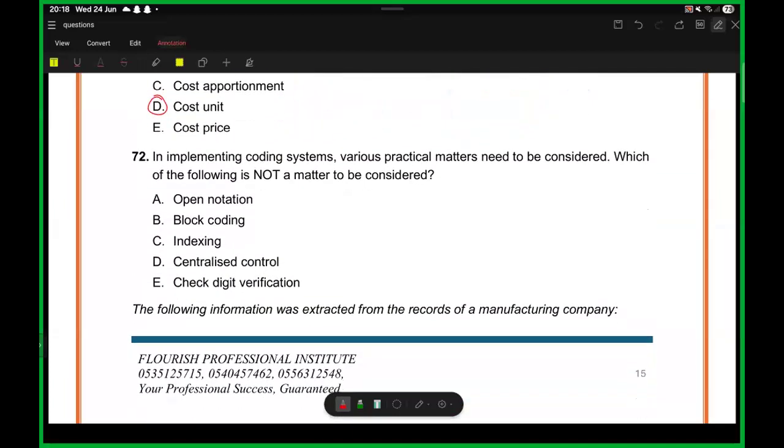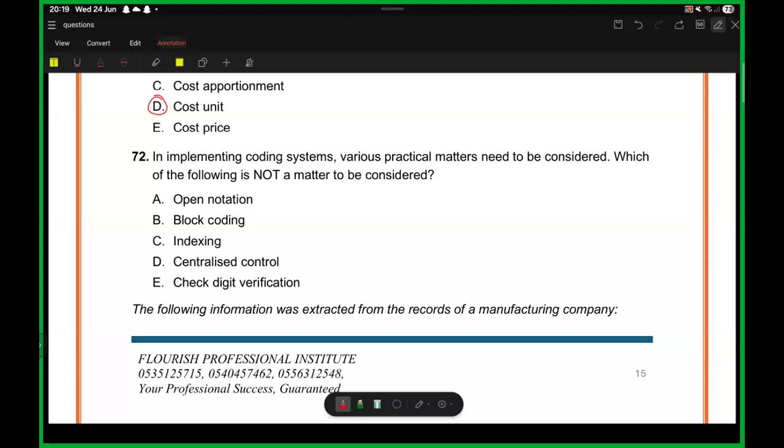Let's move to 72. In implementing coding systems, various practical matters need to be considered. Which of the following is not a matter to be considered?